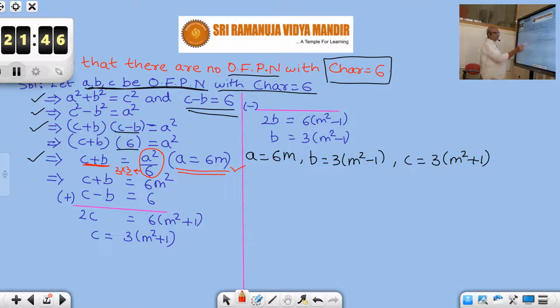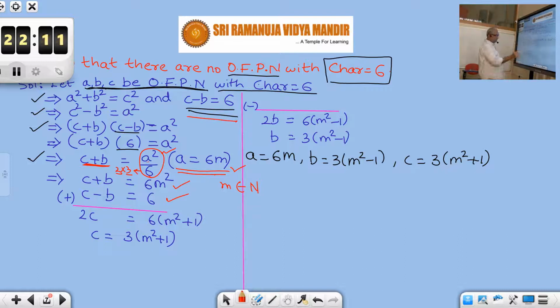Where m can be any natural number. If A is equal to 6m, putting it here, A square by 6 is 36m square by 6, so 6m square. C plus B is equal to 6m square. C minus B I am taking from here as 6.